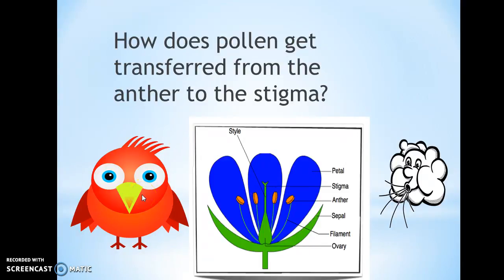Or sometimes you have pollinators like birds or bees that help it get from one place of the flower to the other, because the bird or the bee can get on the flower and then maybe get on another flower, and then this helps it transfer. Or if a flower contains both parts, male and female, then if a bird or a bee sits on the flower, it can easily move the pollen from one part of one flower to another part.